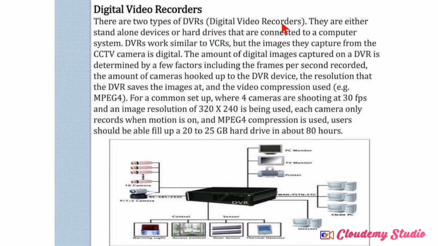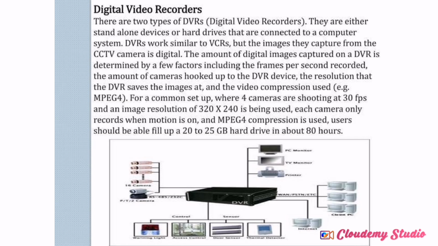There's one that is a standalone, meaning everything is inside the system of the DVR. Then there is the other one whereby the hard drive is connected to the computer system.